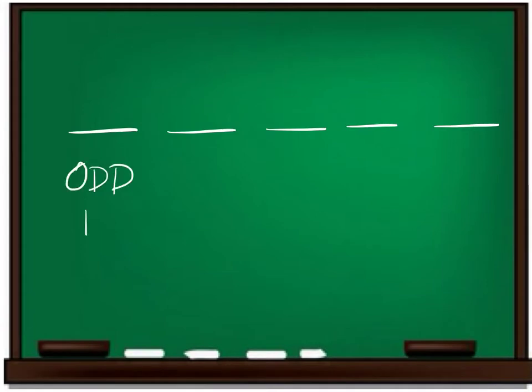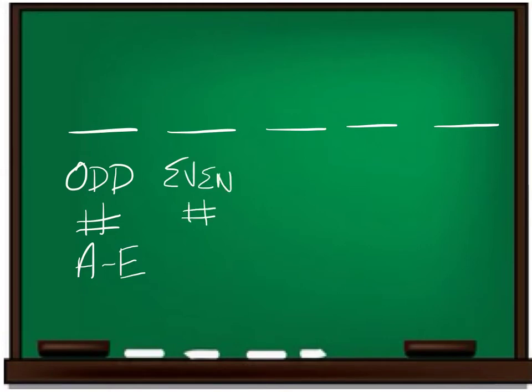On this problem, this license plate can only have 5 characters. This one must be an odd number, or A through E. This one is an even number, or Q through T. This one can be anything.